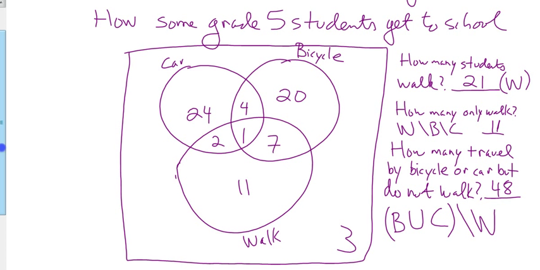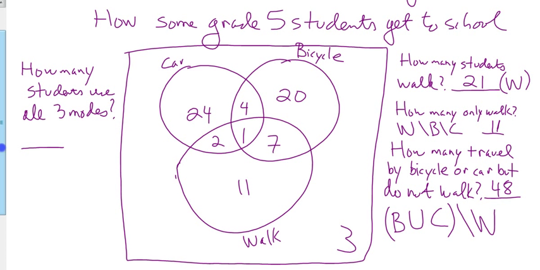All right, what else could we ask? How many students use all three modes? One, right. And how would we express that using set theory?